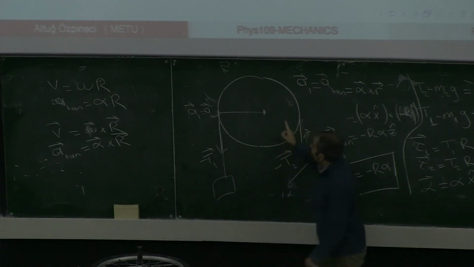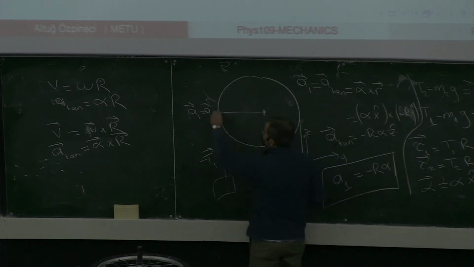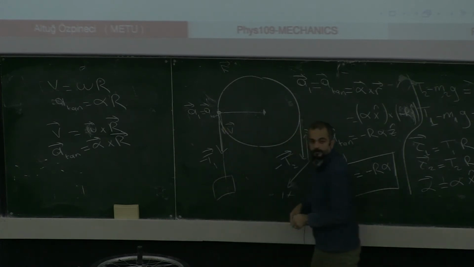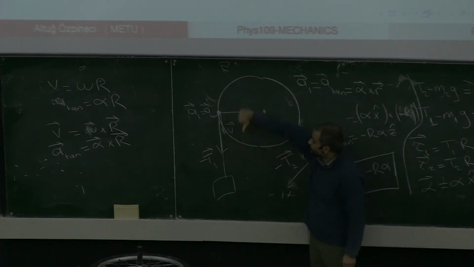Now, if you assume that this is rotating in this direction, so omega is such a vector. If you look at this point, the velocity of that point would be downward. If it's rotating like this, omega is pointing upwards, omega cross r points downwards.